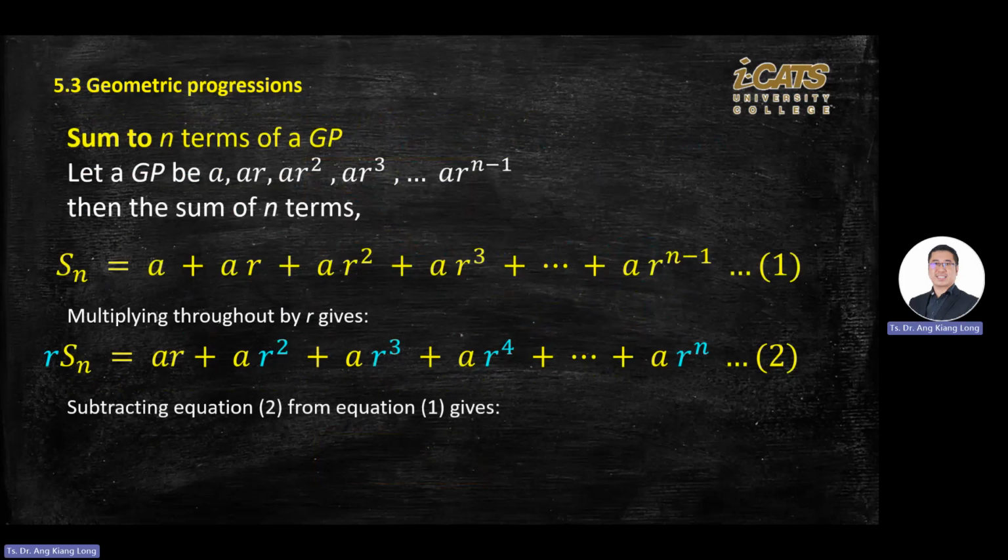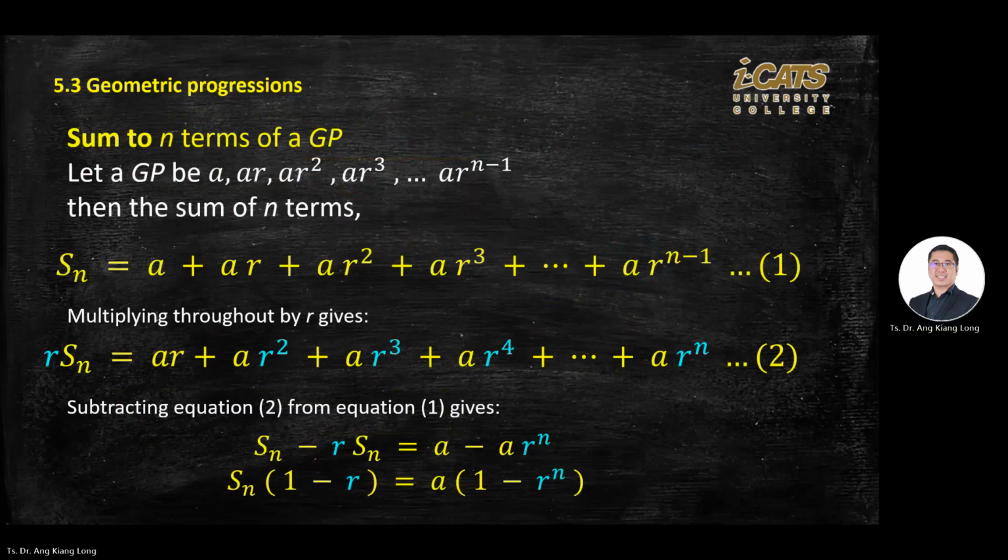Then you take the second equation minus the first equation, because we want to eliminate the middle terms, from AR until the one before AR^n. So at the end, we arrive at Sn minus R Sn equals A minus AR^n.